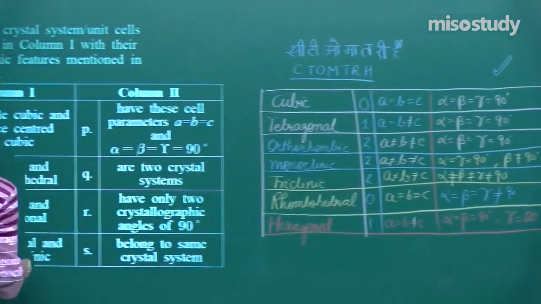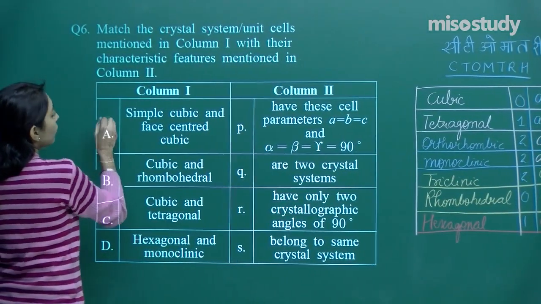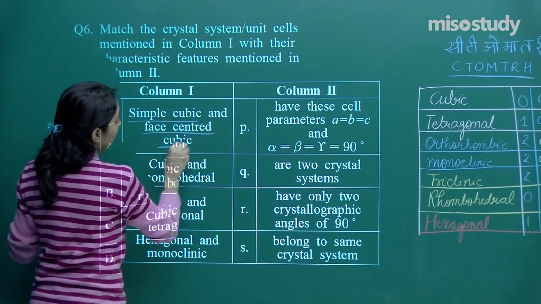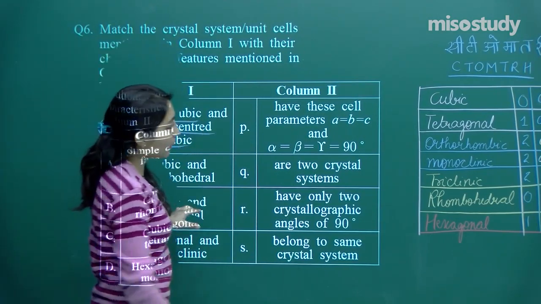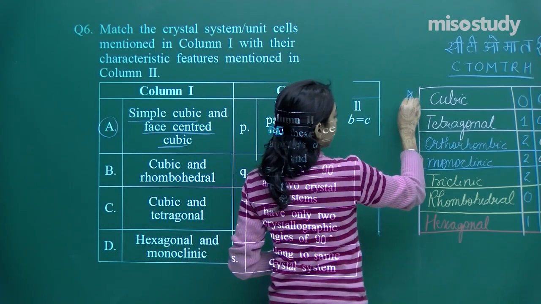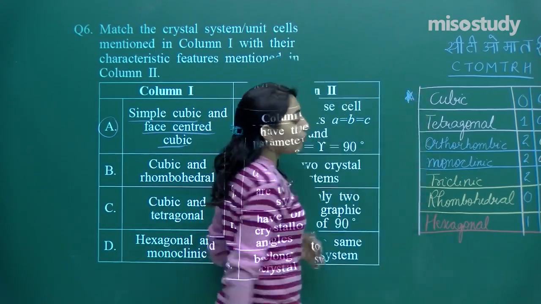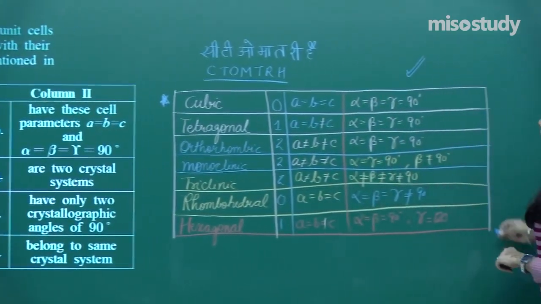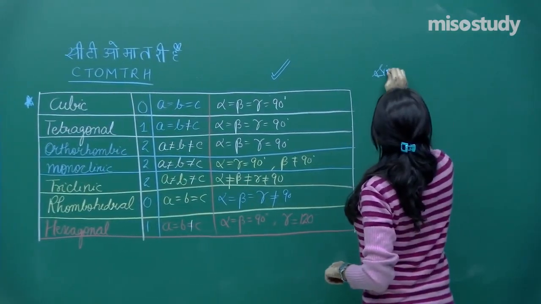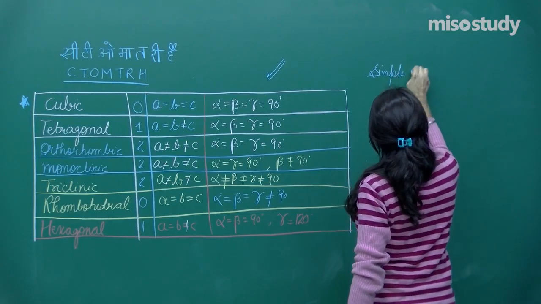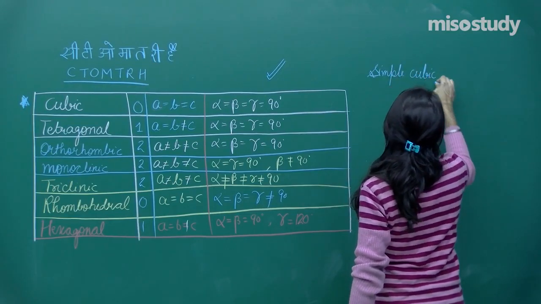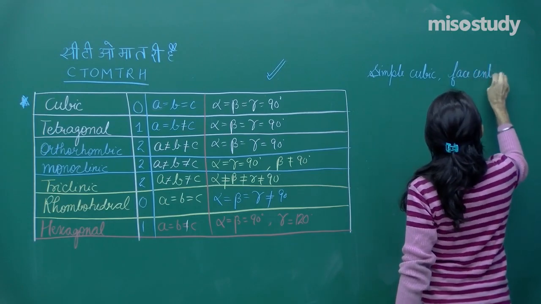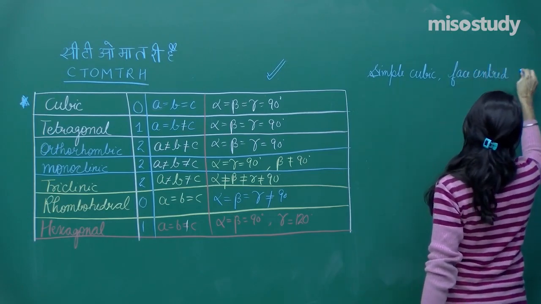Option number A is talking about simple cubic and face centered cubic unit cell. Okay guys, see carefully. I am talking about simple cubic and face centered cubic unit cell.